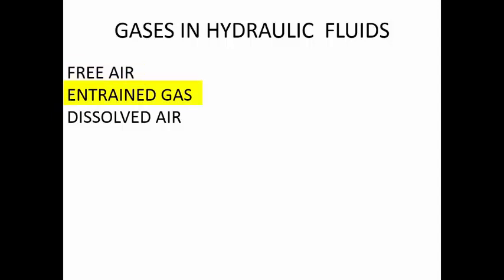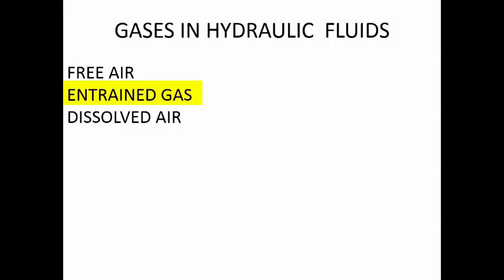Next one is entrained gas. Entrained gas forms whenever the pressure in the hydraulic system drops below the vapor pressure of the hydraulic fluid. Every fluid has a vapor pressure. If the pressure drops below that particular value, then the hydraulic fluid will go directly from the liquid state into the gaseous state. So this gas will be carried along as some kind of bubbles.